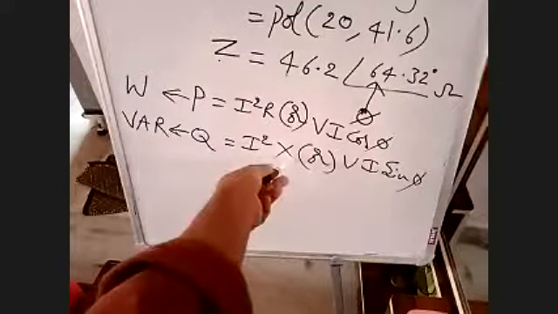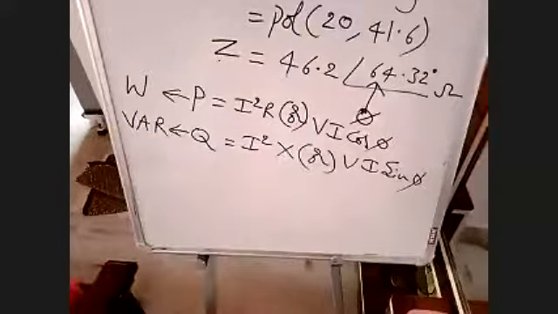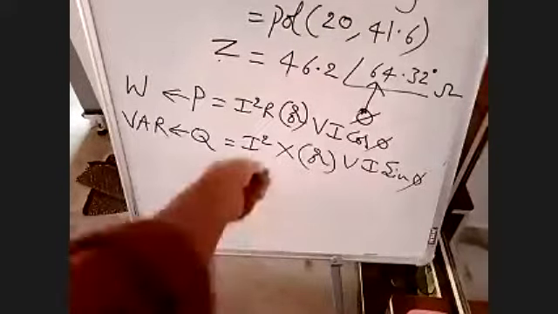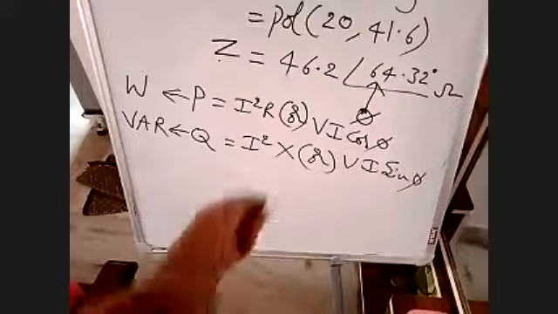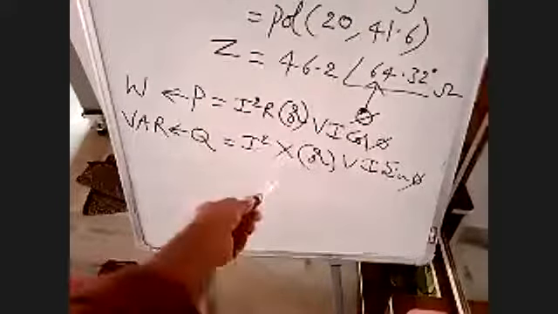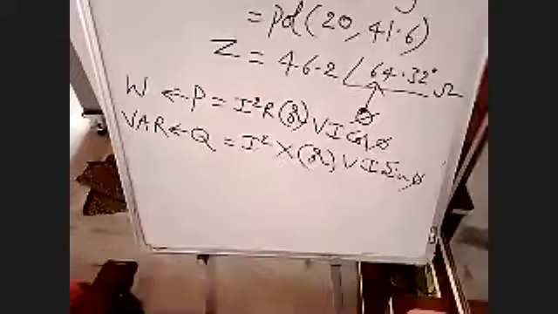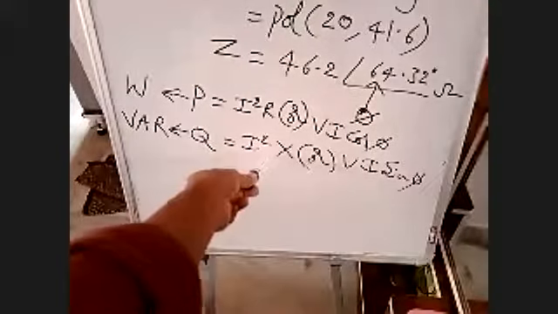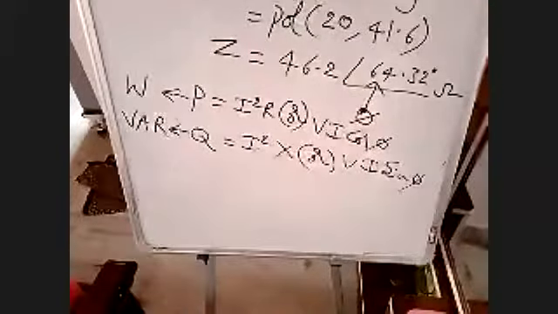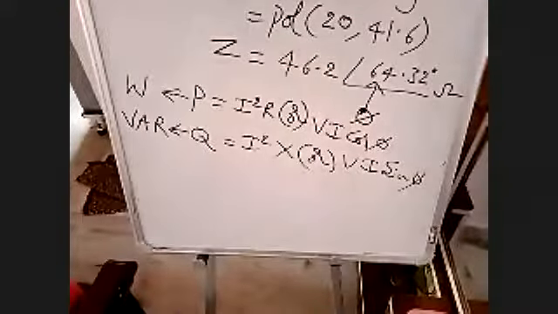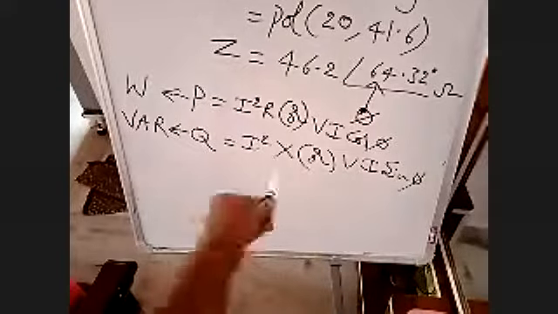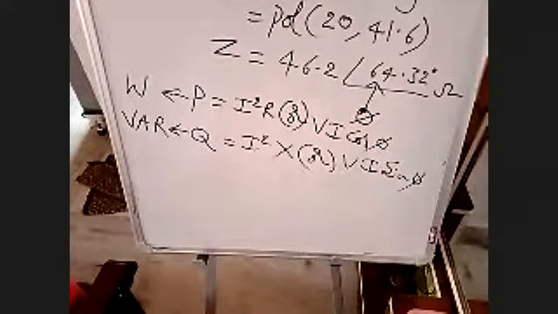Here I am taking X because in your circuit you are having XL and XC. I will take the net reactance. If only inductance is there, we will take XL. If only capacitance is there, we will take XC. But in your circuit, you are having both L and C, so I will take the net reactance. Q is I square X, where X is equal to XL minus XC, or VA sin phi.